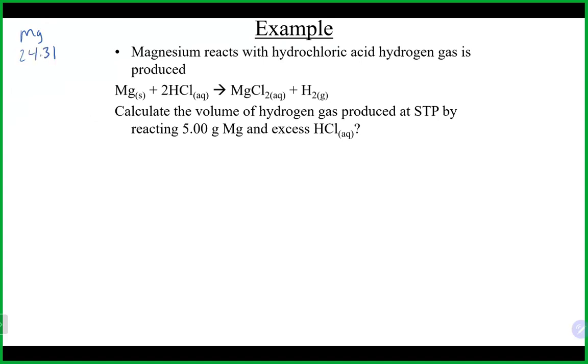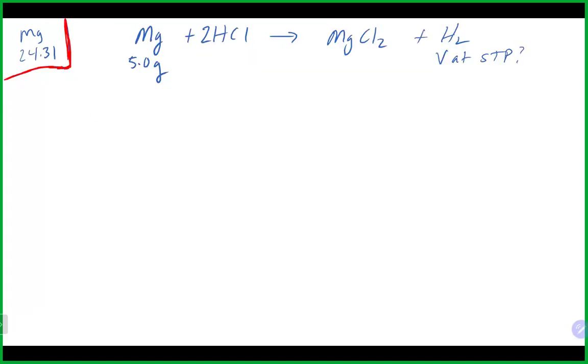So magnesium, 24.31. Okay, so let's take a look. It's pretty similar to the calculation we did earlier. Here we're looking for the volume of H2 gas at STP.